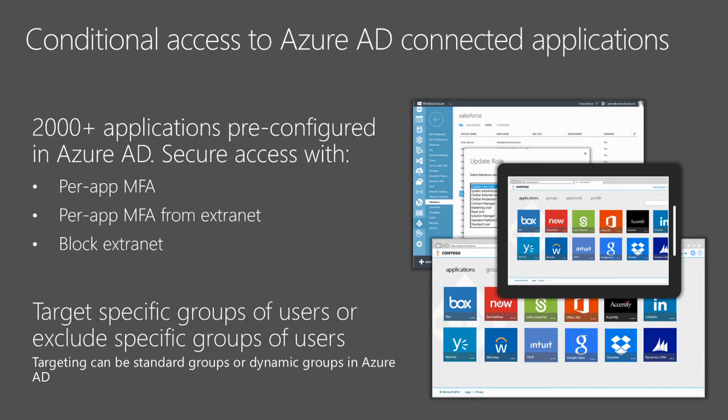So that's something that we at Microsoft support, whether you're logging into a Salesforce app or a Concur or your Paychex, it's a wide range of thousands of apps, and we have applications being added on an ongoing basis. Now, another key aspect about the SaaS applications is that you can target specific groups of users or exclude specific groups of users.